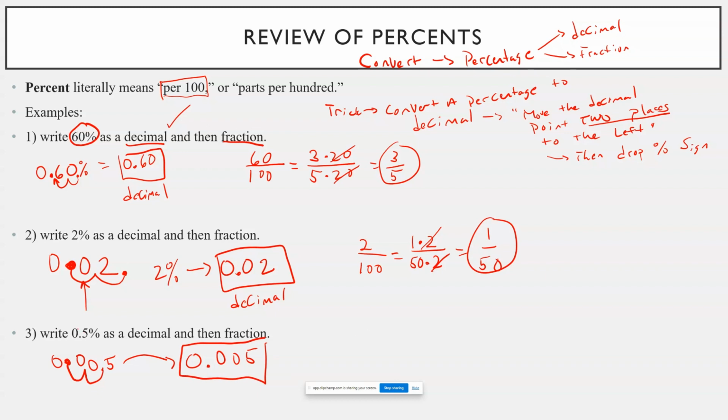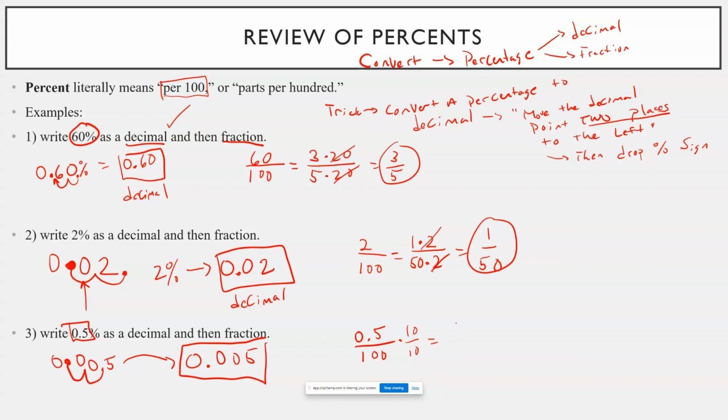All right, next. Now this is tricky. Let's write this as a fraction. So you take whatever the value is, just like we've been doing here. 60 over 100, 2 over 100. Here it's 0.05 over 100. Now that looks really weird. So how to get rid of this decimal in the top? I'm going to multiply by 10.